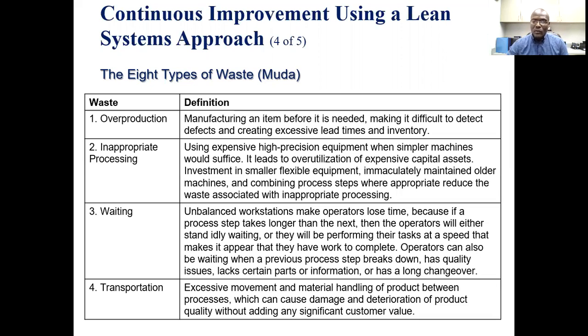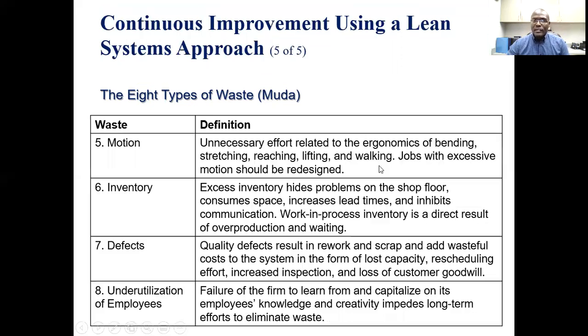Okay. The fifth form of waste has to do with motion and has to do with personnel themselves. Okay, when personnel are in the process of manufacturing product, there's a lot of movement of the body. There's a lot of holding on to stuff, reaching out for stuff.